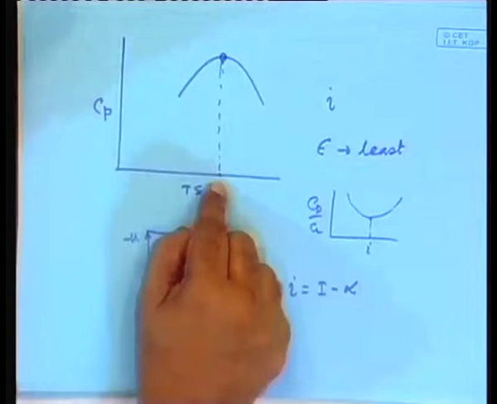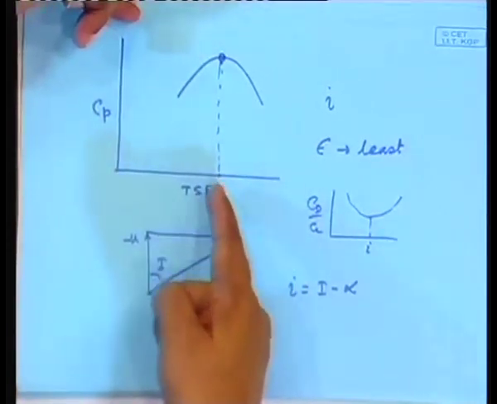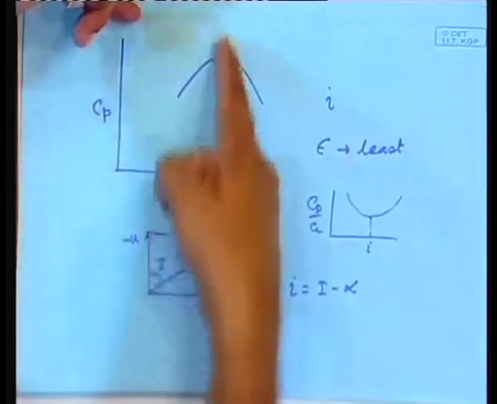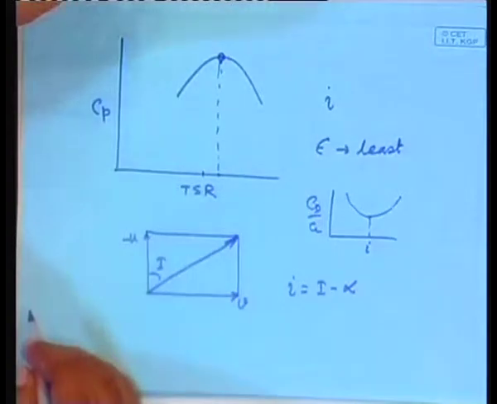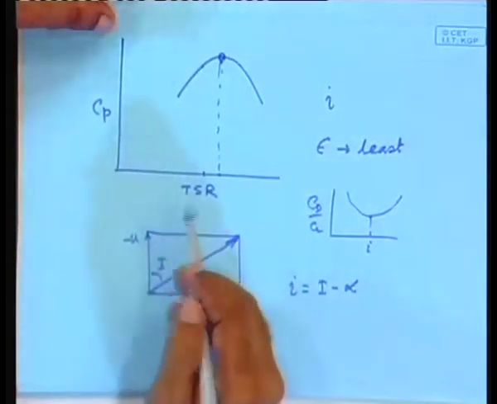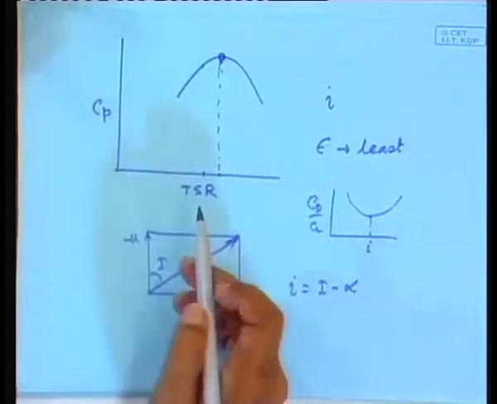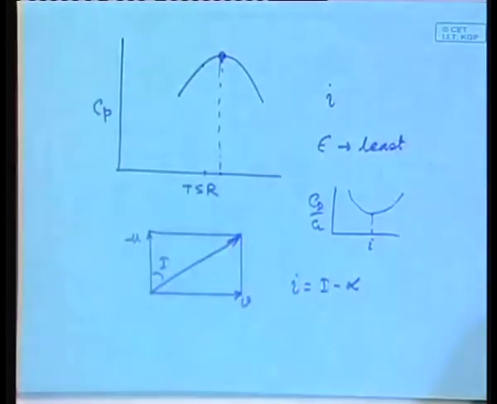Now, if you find that the TSR is less than the reference TSR, that means I am now operating somewhere here. What has to be done? Something has to be done in order to move it this way. That means you essentially have to speed it up, right. You have to speed up the wind turbine. How can you speed up the wind turbine?